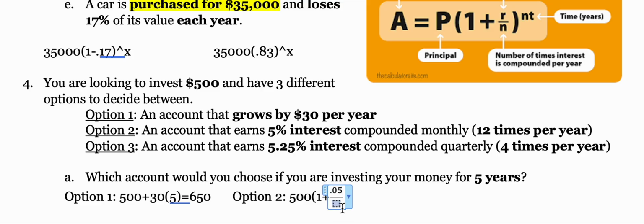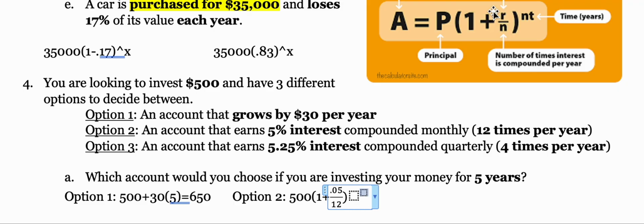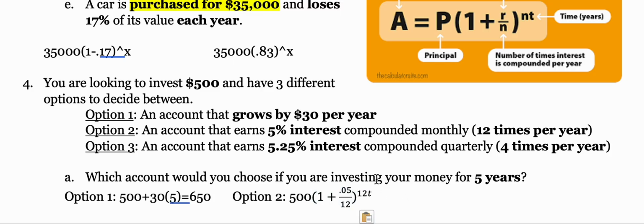The only reason I have this as a fraction is because it's not compounded once, so we need to account for that, and it's 12 times per year. And then we have an exponent of 12t, so that it's all making sense.